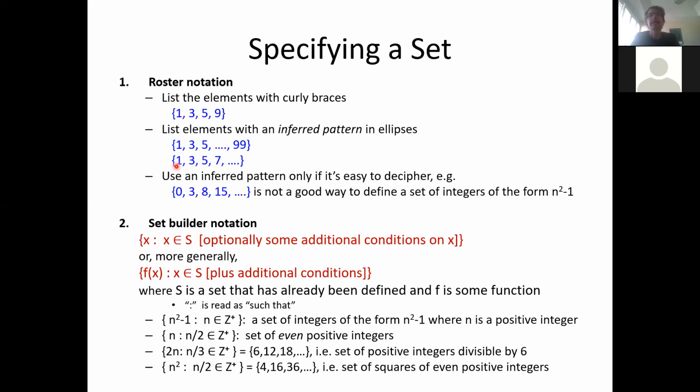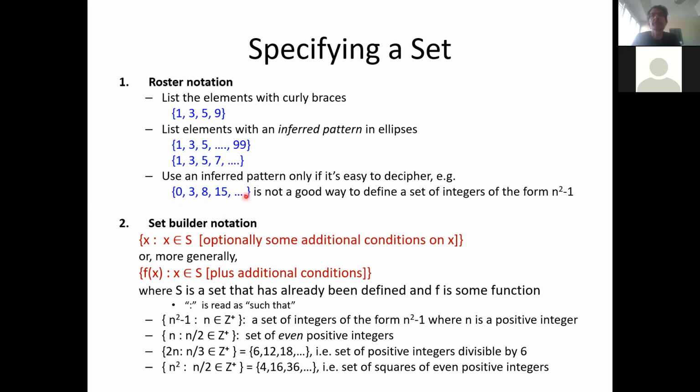Or I can define an infinite set of all odd integers this way. Of course, it relies on the reader understanding the pattern, the same one that the person who wrote it had, right? So it's an implicit pattern that nevertheless is sort of easy to infer.